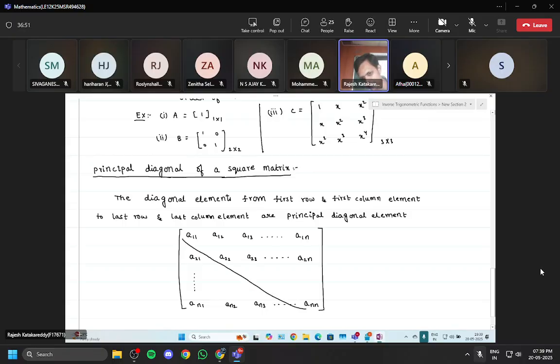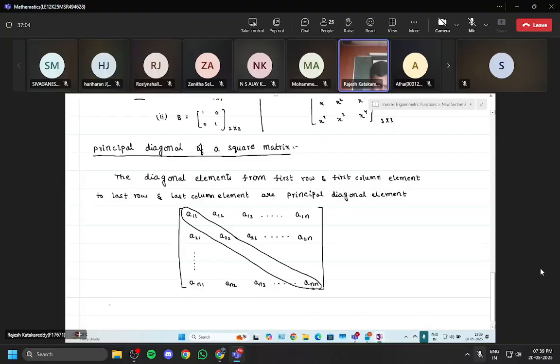This diagonal in a square matrix is said to be a principal diagonal, and the elements inside this are principal diagonal elements. Clear? Understood? Right. So we can write that principal diagonal elements are A11, A22, A33, and so on going till ANN.